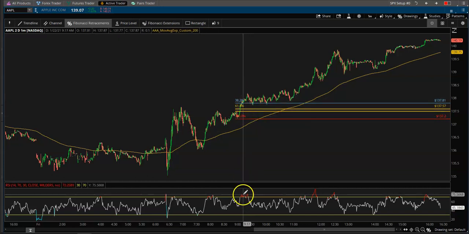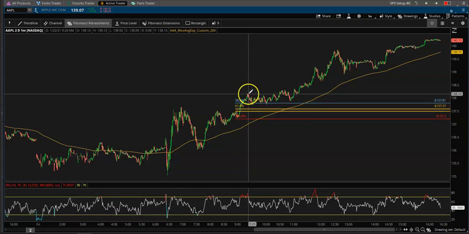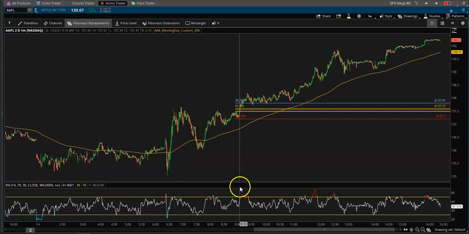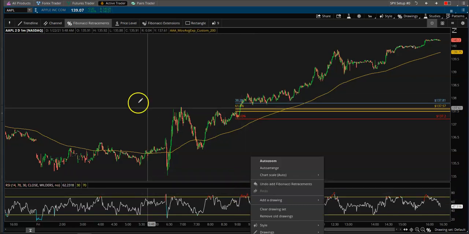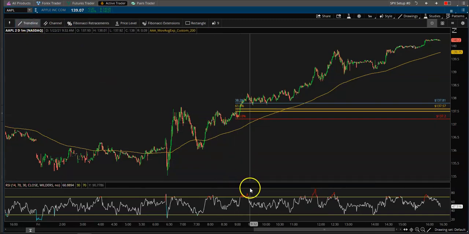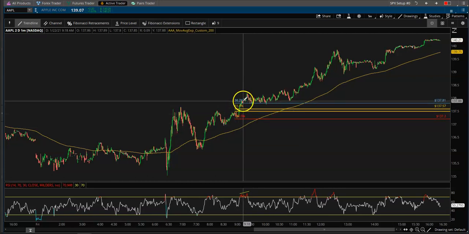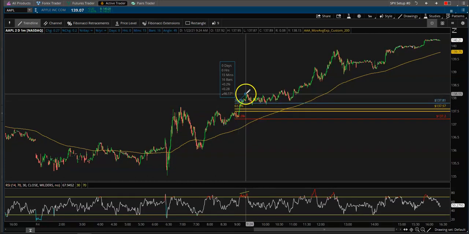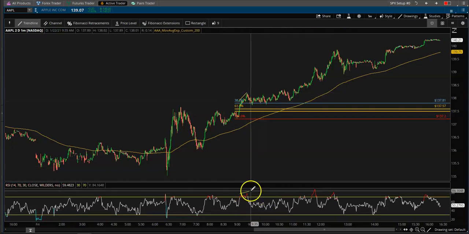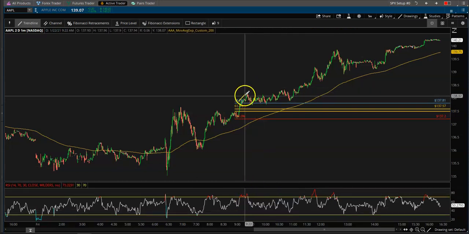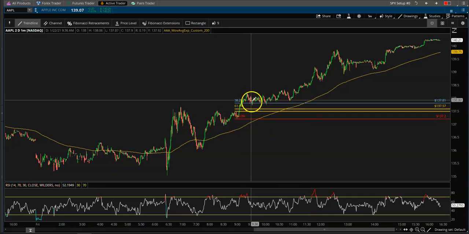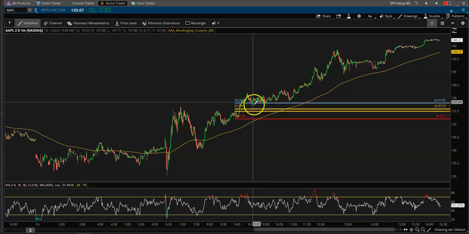Now, the one thing I'm going to look at down here is, when we made this high and we're pulling back, is there divergence or is everything the way it should be? And as we look, everything's the way it should be. As price makes a high here, it pulls back, and then we make a higher high, which is a higher RSI. So everything is looking very good. I want to take this pullback. The problem with this pullback, it wasn't deep.